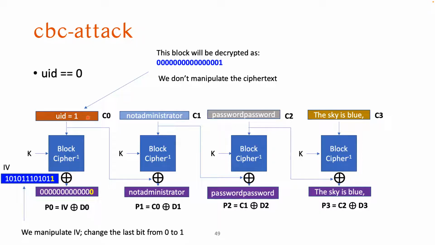So if we want to edit one block, we can edit the block before it, for example the value that will be XORed into the plaintext. In this case, we can manipulate the IV. But for this block, if we want to manipulate the plaintext characters, we need to manipulate this ciphertext, because this ciphertext will be directly XORed into here.